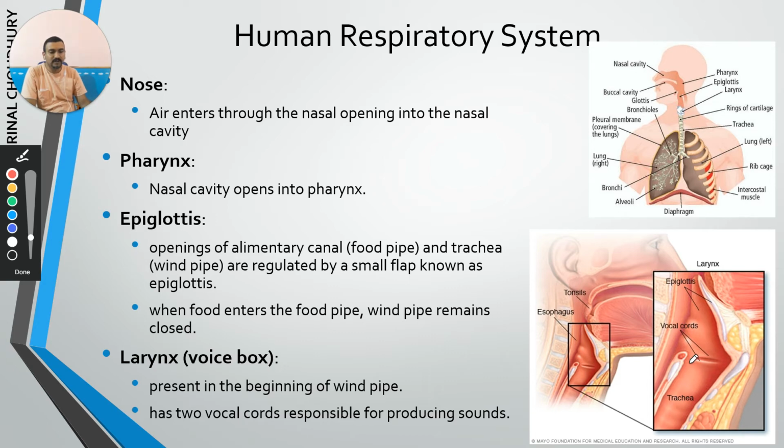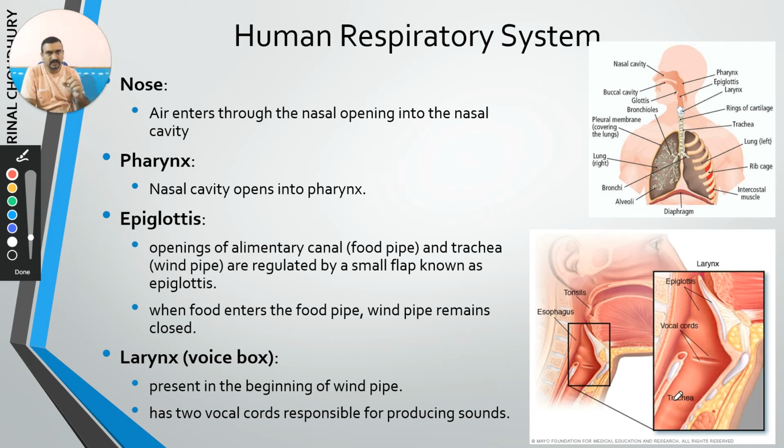Because here you have the vocal cords, because here you have the voice box, that's known as the larynx. Larynx is the voice box. So the voice box will be present here, and here you have the vocal cords. Now if you have to talk, that is to produce a sound, air has to pass through these vocal cords, right? So for that, the epiglottis will open, allowing the air to pass through it.